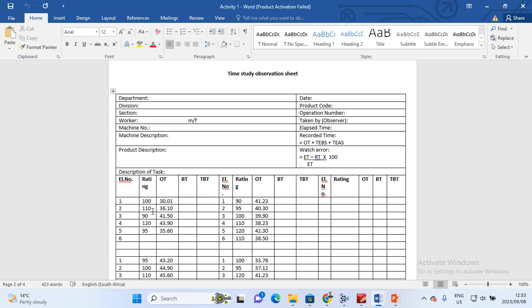In other activities, you may not be given the rating. Whereby you are given the rating, then you have to find the basic time. Sometimes the rating won't be given, the basic time won't be given, but then they ask you to calculate the total basic time.